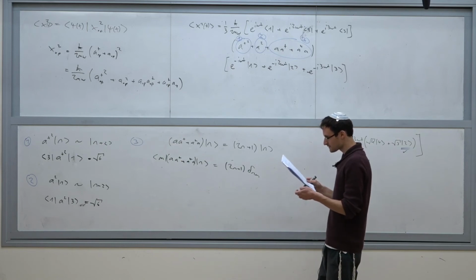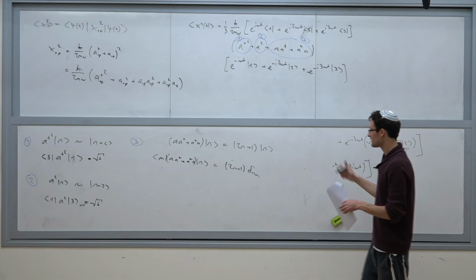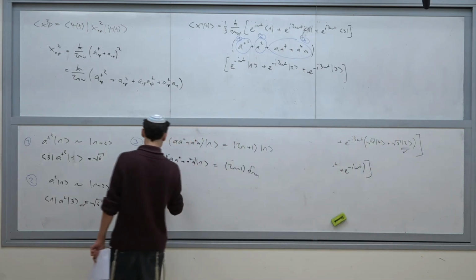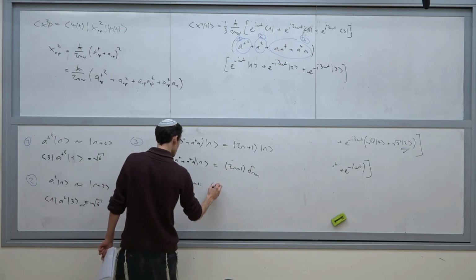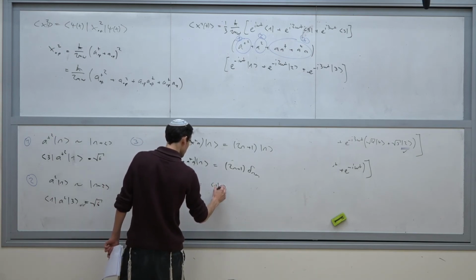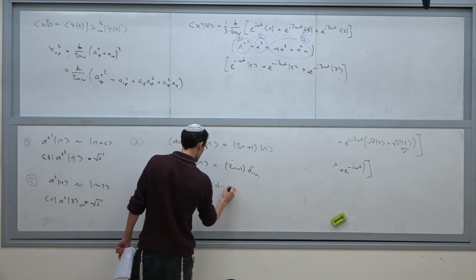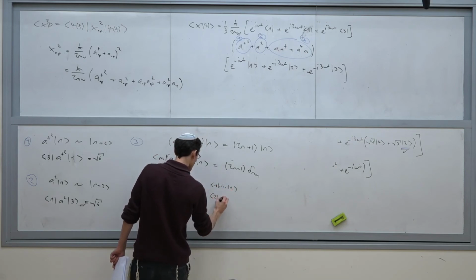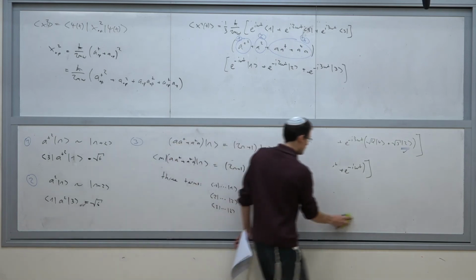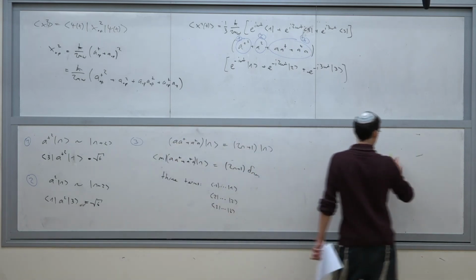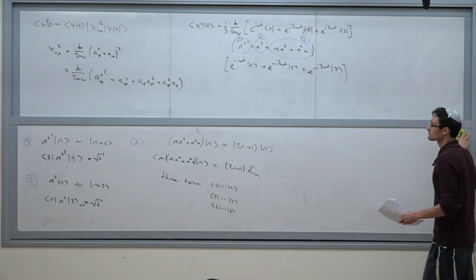So the 3 terms that contribute are the 1, 1, and something in the middle. So there are a total of 5 terms.